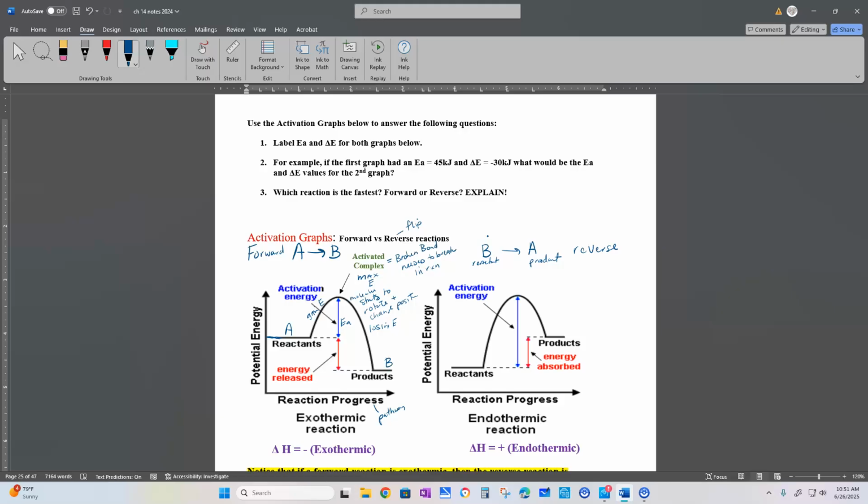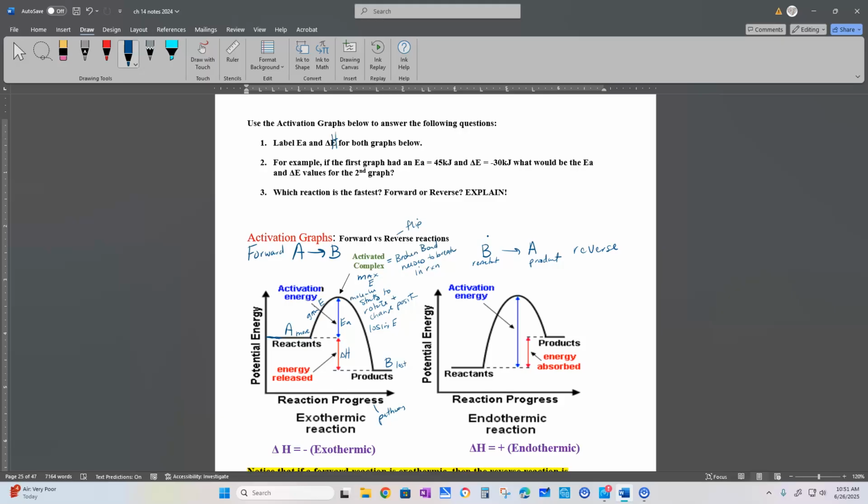So what EA, or the delta H, now that we're going to label it delta H, is from the reactant to the product. So that energy from the beginning to the energy in the end. So we're going to call that delta H. Okay? Now EA is always positive. And my delta H, in this case, I had more energy in the beginning and I lost energy in the end.